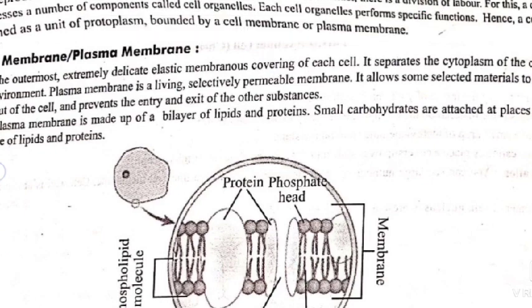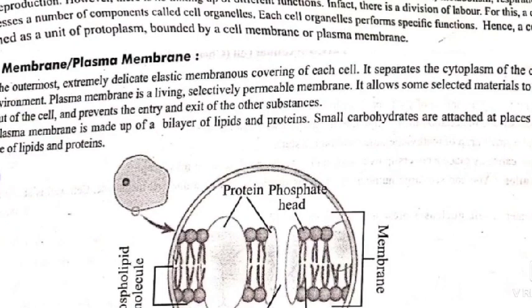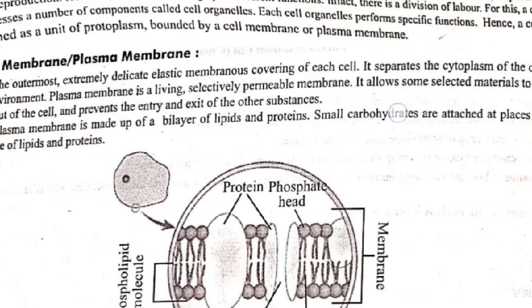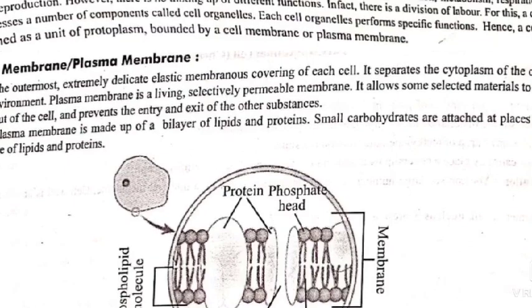It allows some selected materials to move in and out of the cell and prevents the entry and exit of other substances. The plasma membrane is made up of a bilayer of lipids and proteins. Small carbohydrates are attached at places to the outer surface of lipids and proteins.